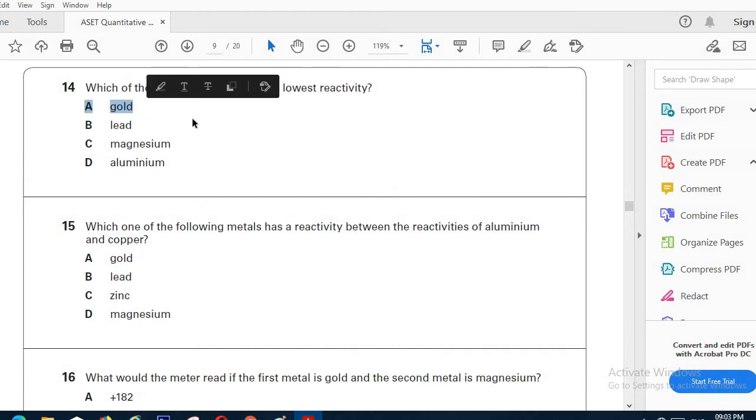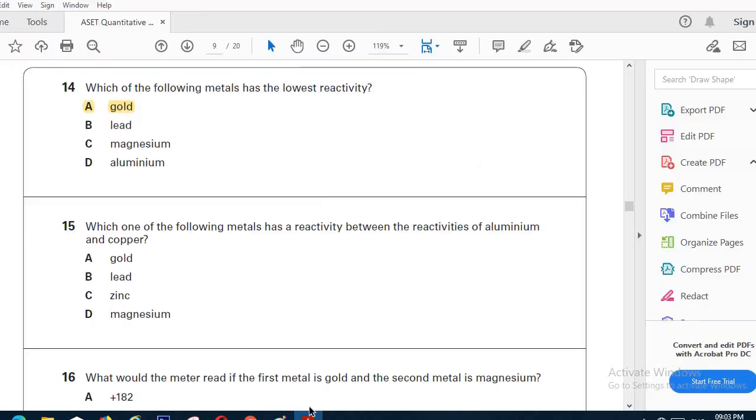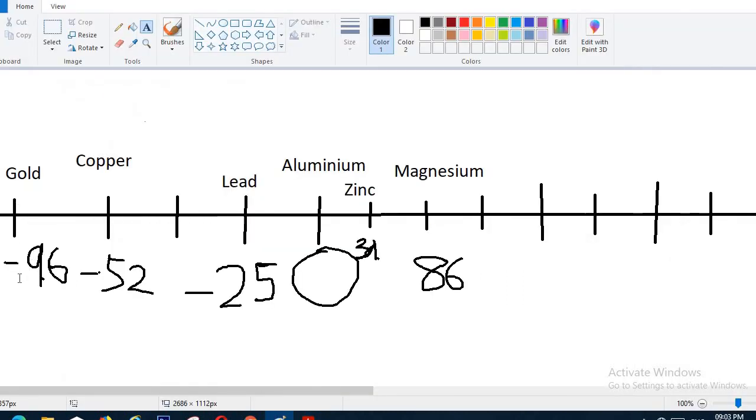So this is gold, we can highlight this. So this is the answer, gold. You can see the more negative the number is, the less is the reactivity. Gold has minus 96, so that is the lowest reactivity.